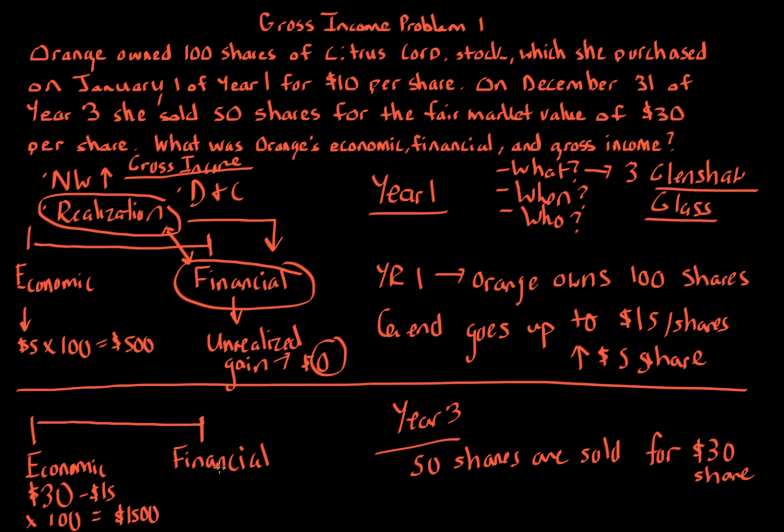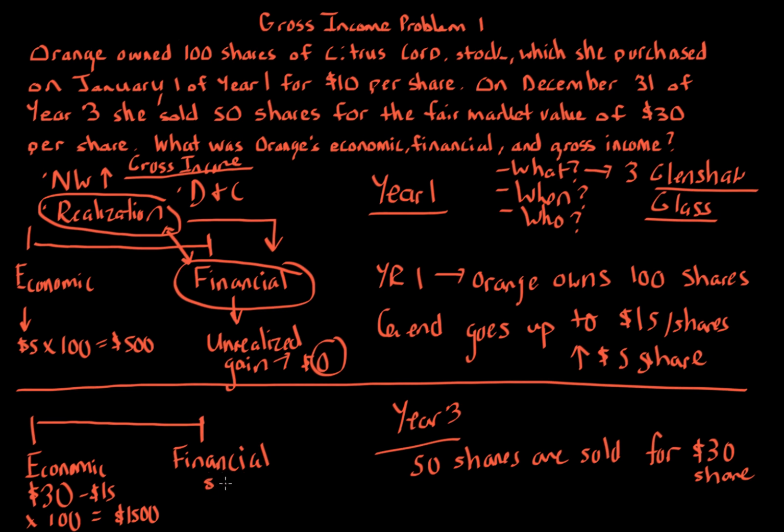economically. For financial purposes, again, we don't take into account the 50 shares that aren't sold because of realization, and the same for gross income purposes. So we only care about the 50 shares sold, and we did not count anything in year one, so it's actually 50 shares times the difference between the value of the 30 and what we purchased them at, the 10.